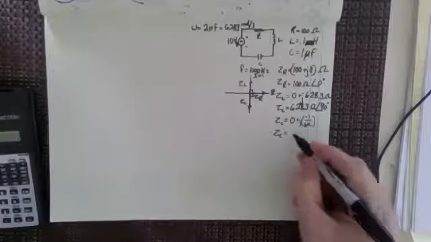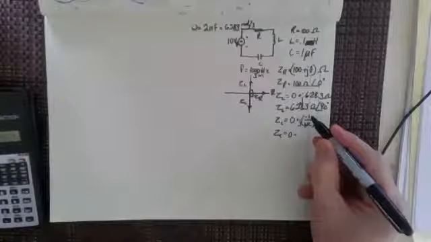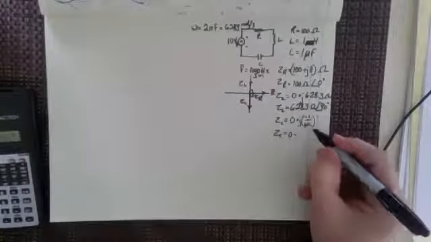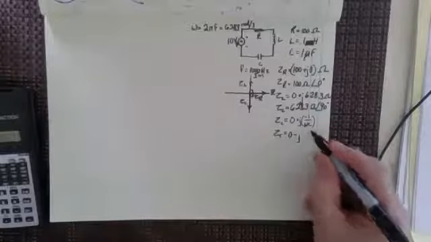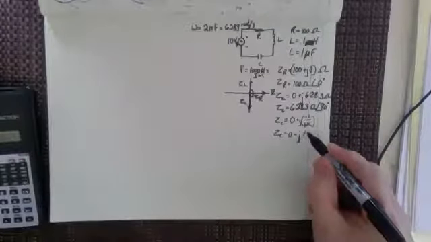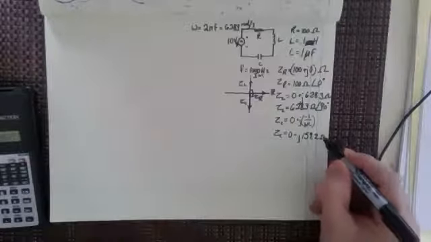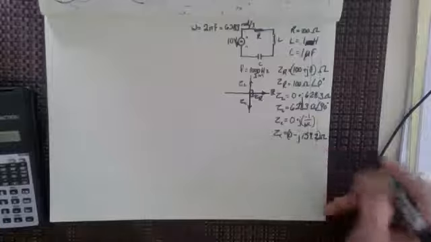159.16. Now, 159.16, we could really call that 159.2, right? So let's say that it's 0 minus, now I'm taking that minus that's on top of the minus 1 over omega C and putting it out in front, 0 minus J 159.2 ohms.